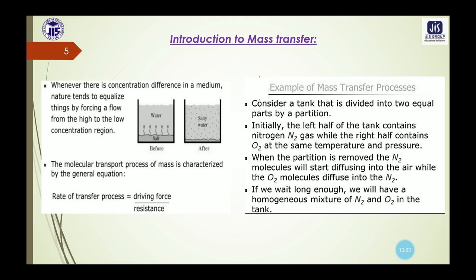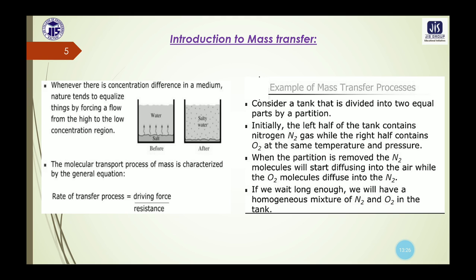That means mass is transferred from high concentration to low concentration. The molecular transport process of mass is characterized by the general equation: the rate of the transfer process is the driving force divided by resistance.